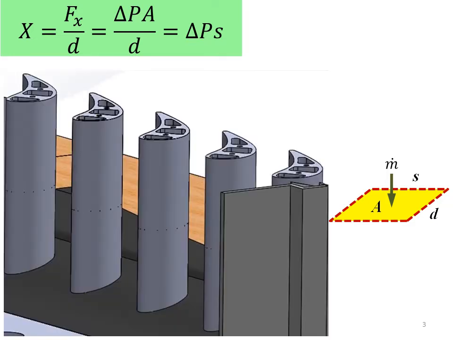Okay, so now the figure shows the actual physical properties of the turbine cascade blade. This is just for an example.